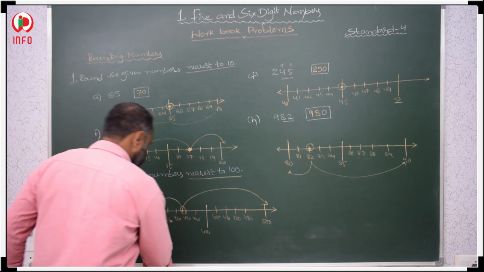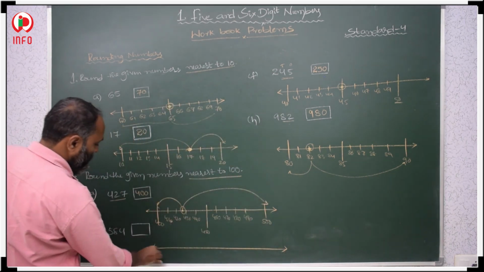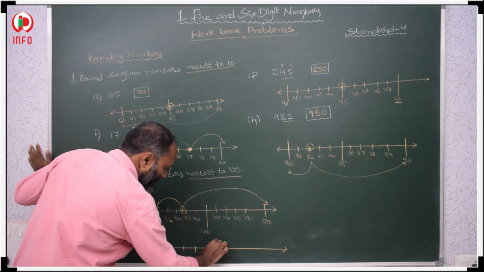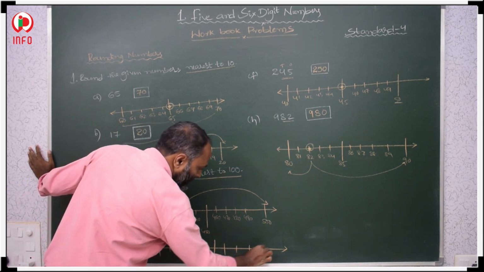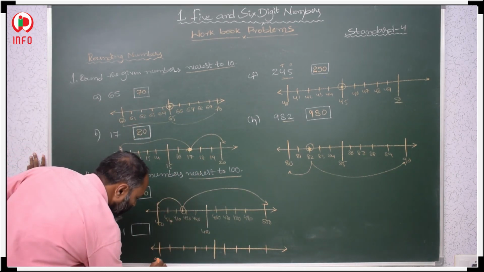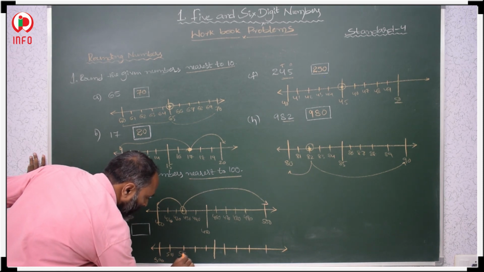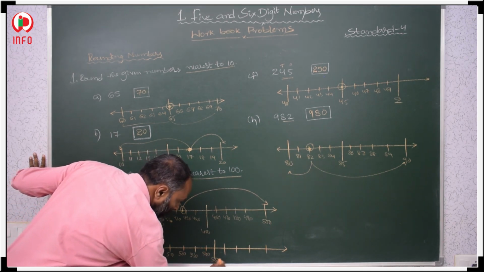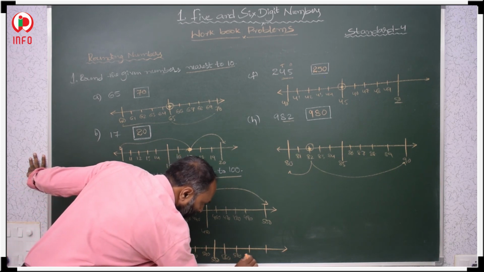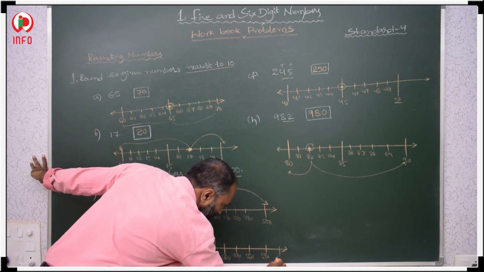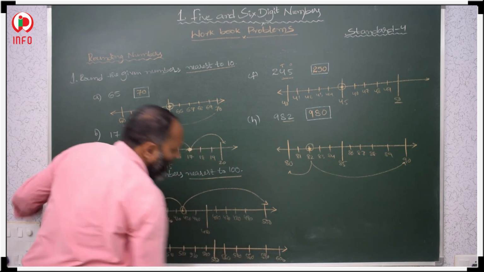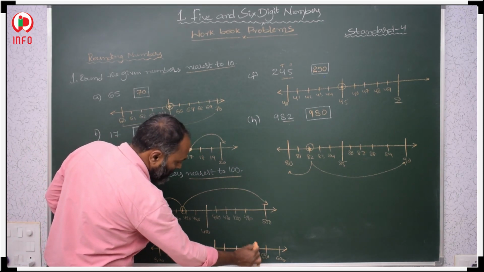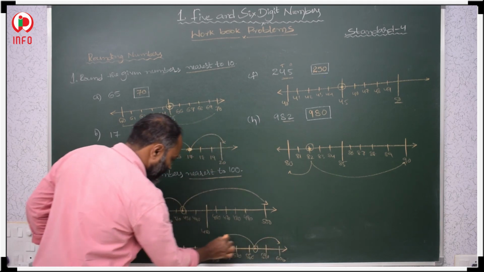Then 584. 584 is in between 500 and 600. 500, 510, 520, 530, 540, 550, 560, 570, 580, 590, then here 600. 584, 580 is there, then 4 is in between 80 and 90. 584 is near to 600 and far from this 500.